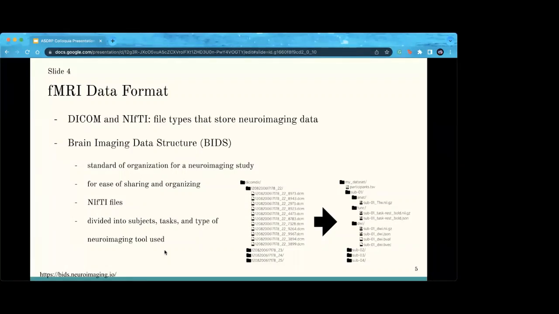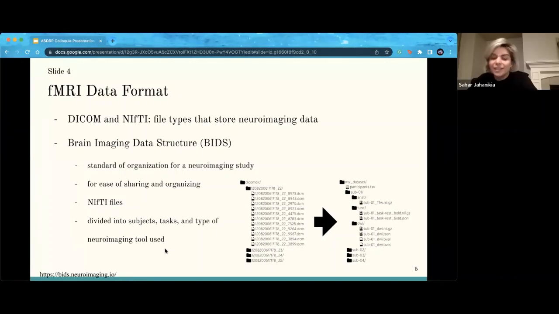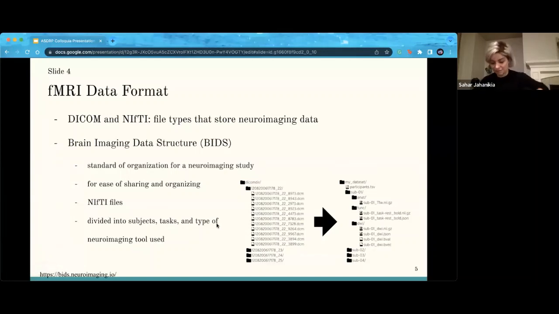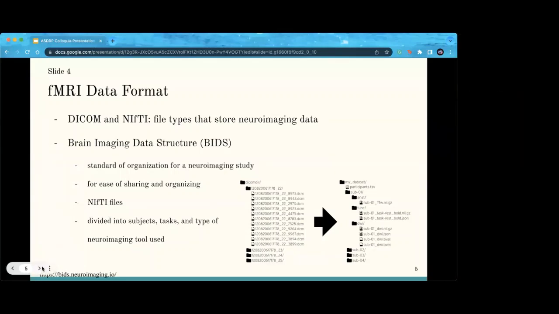Dad had me type. Kirtana, can you mute yourself, please? I think the person that started the meeting could mute any participant.